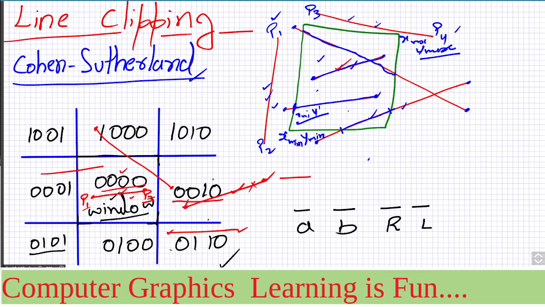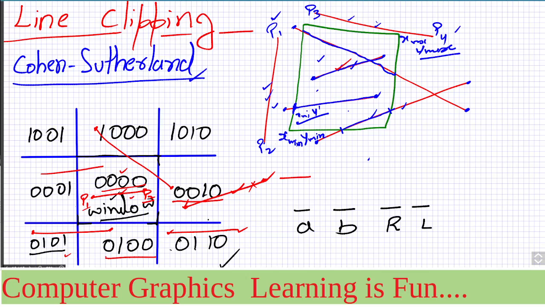Now there come such lines where they are passing through, which means the endpoints have different codes, very simple.